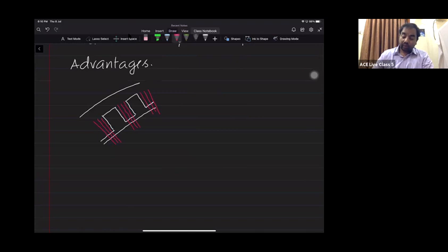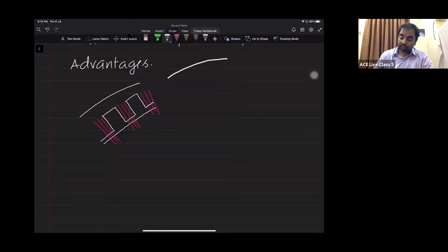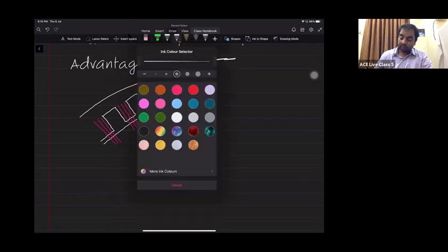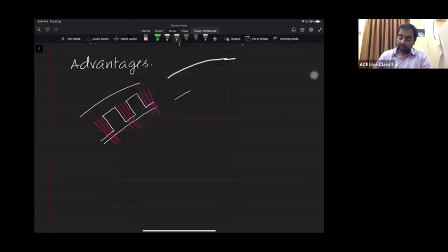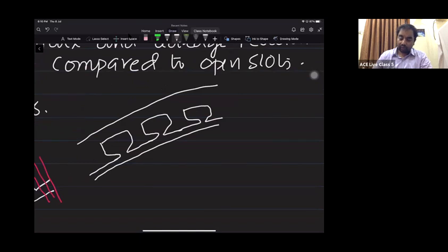Right. But when I'm talking about the semi-closed slots, like this, if you can see here, all of you, I'm zooming it, the magnetic flux lines are traveling like this.